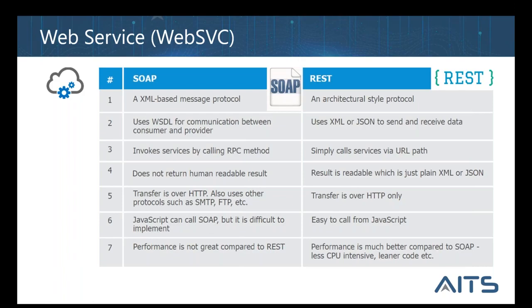So REST, or representational state transfer, is an architectural style for providing standards between computer systems on the web, making it easier for systems to communicate with each other. So this is the first definition, and even the first difference between them.